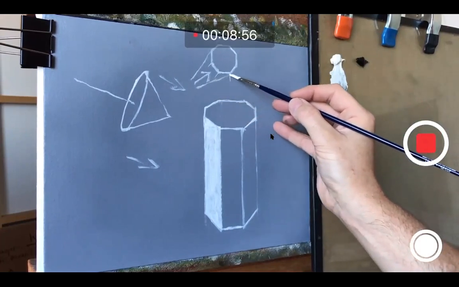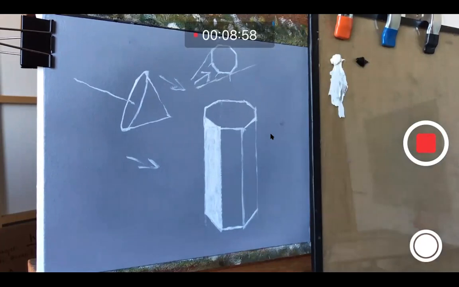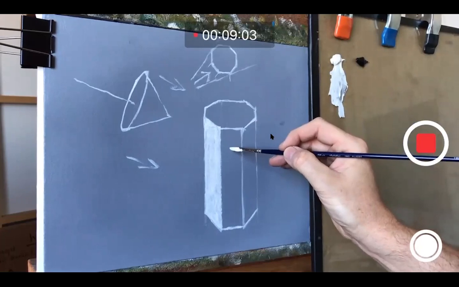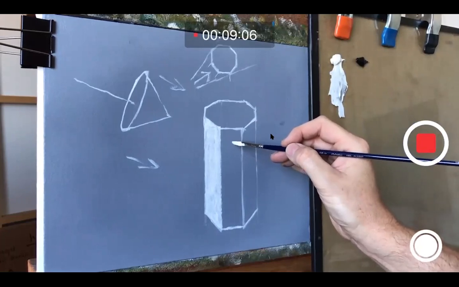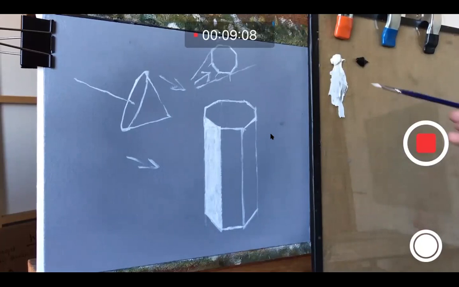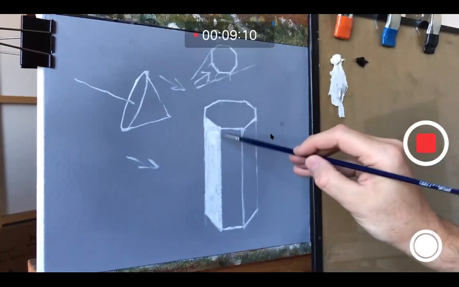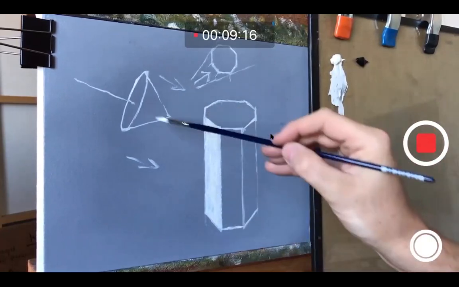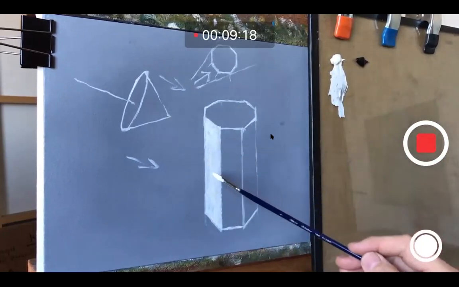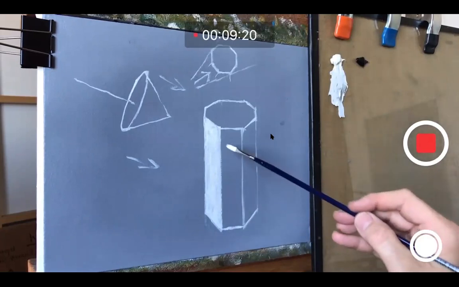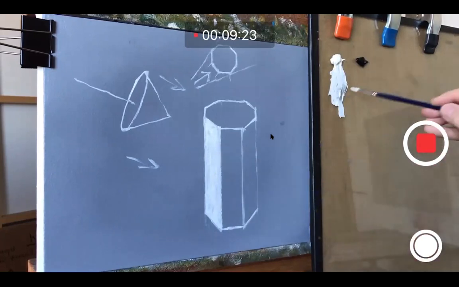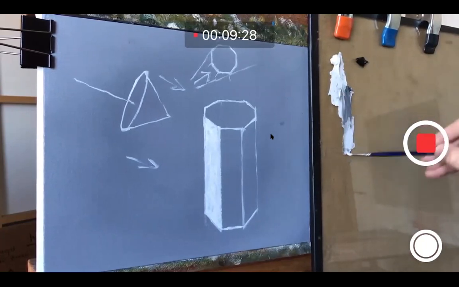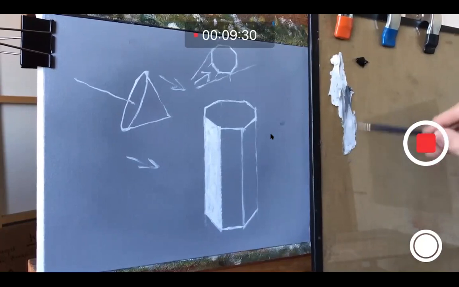So based on our analysis of this object, light is also going to be hitting this plane, right? But because that plane is not perfectly parallel to the plane of the light source, it is going to be a little bit darker than this plane. It's still receiving light, but only glancing light.